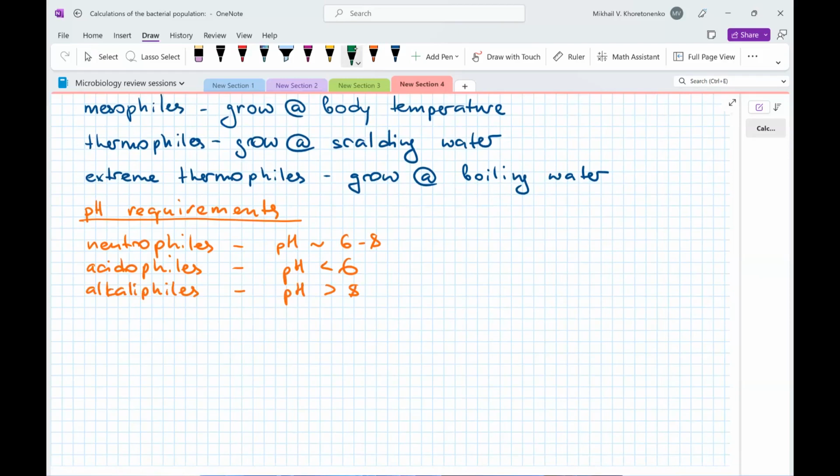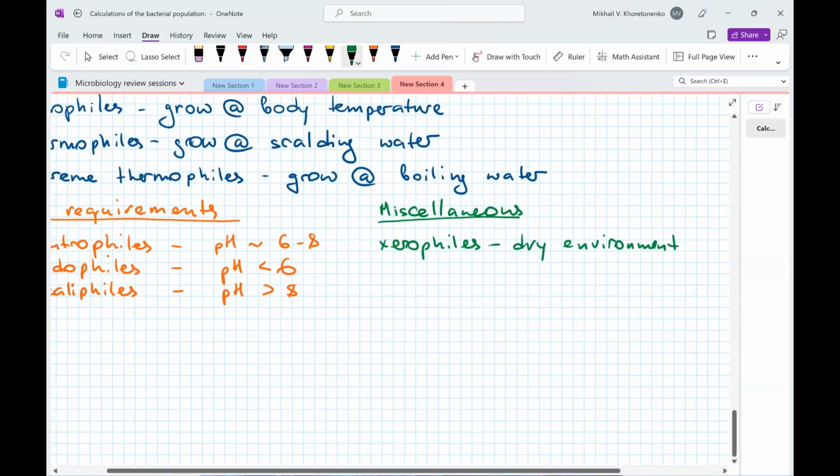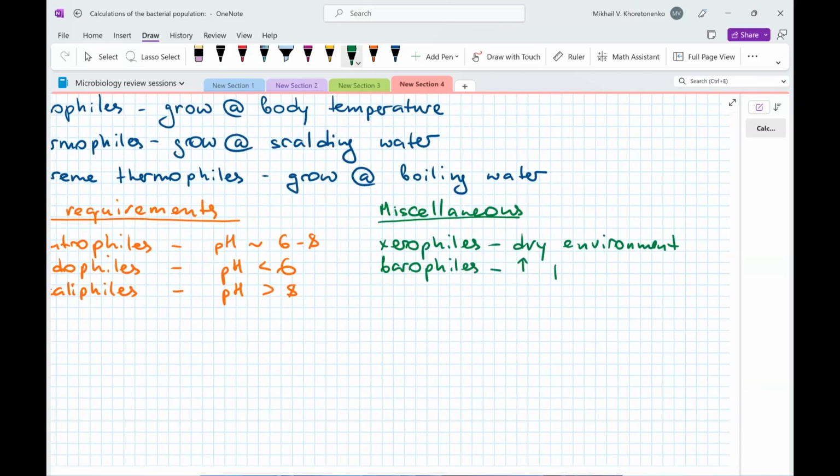Now, some miscellaneous ones. Xerophiles, dry environment. You with me? Barophiles, high pressure. Osmophiles, high solute concentration, any solute.